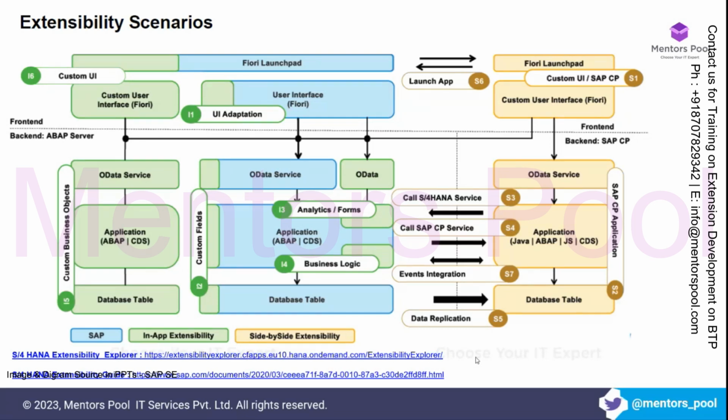Then again, we'll have to integrate with the help of a cloud platform service, or we'll have to make an event-based integration. We can do side-by-side extension even at the OData level, but then again, with the help of a service, we'll have to integrate or keep interactions.